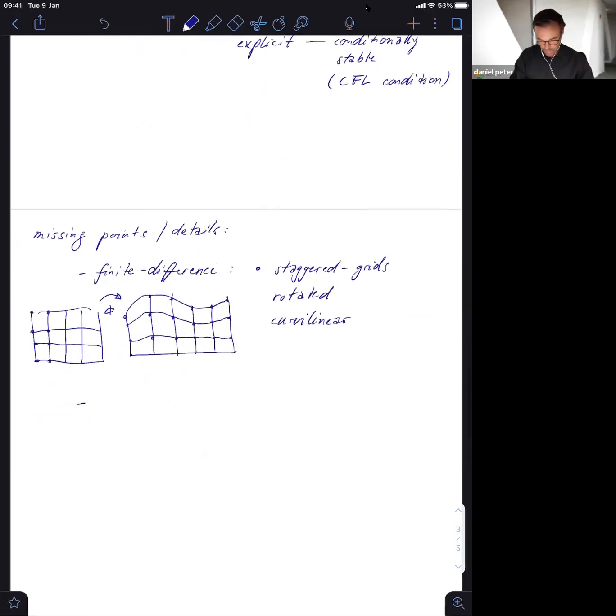Also, what we just ignored so far are absorbing boundaries. And especially when it comes to wave propagation, there are, for example, the PML, perfectly matched layer absorbing boundaries, which became highly efficient absorbing boundaries.